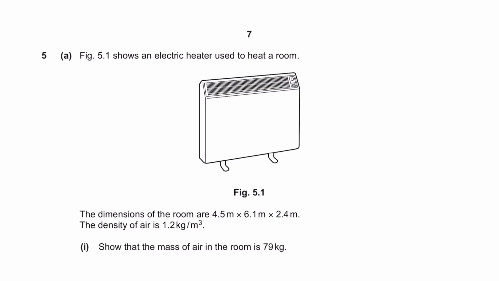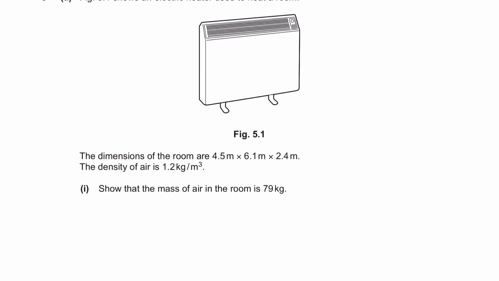Question 5a. Figure 5.1 shows an electric heater used to heat a room. The dimensions of the room are 4.5 meters times 6.1 meters times 2.4 meters. The density of air is 1.2 kilogram per meter cube. Part 1. Show that the mass of air in the room is 79 kilograms.